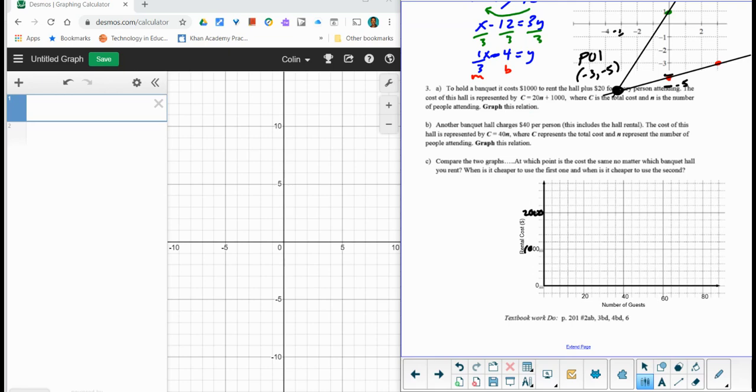Okay, I believe the first line last time was red, so we're going to use that in Desmos. Let's say we start at 1,000. And then, since we're going up 1,000 every time, I wonder how many $20 would go into 1,000.